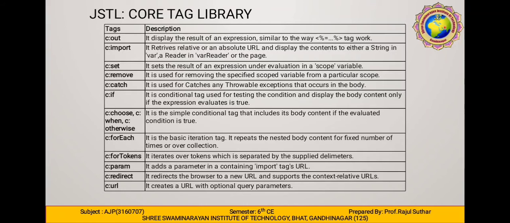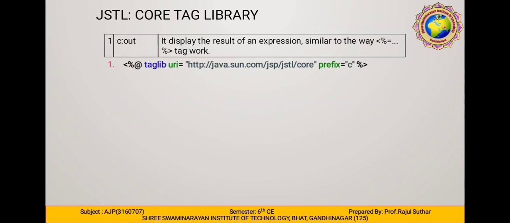It is a simple conditional tag that includes its body content if the evaluated condition is true. Generally, if we want to check a condition, like if A is greater than B, the value of A is the maximum. So this type of tag is required. c:out generally displays the result of an expression.